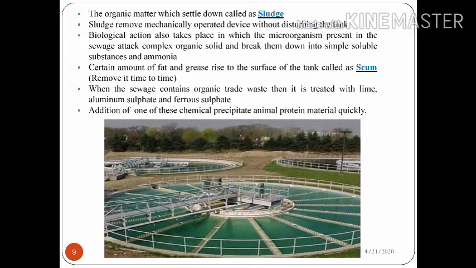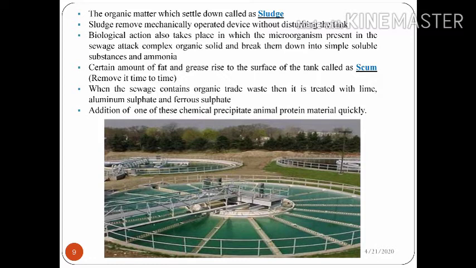The organic matter which settled down is called sludge, and it is removed by mechanically operated devices without disturbing the operation in the tank. While in the tank, a small amount of biological action also takes place, in which the microorganisms present in sewage attack complex organic solids and break them down into simpler soluble substances and ammonia.